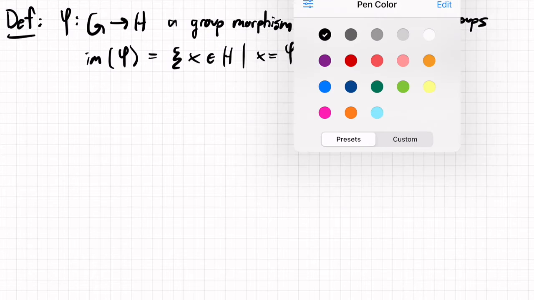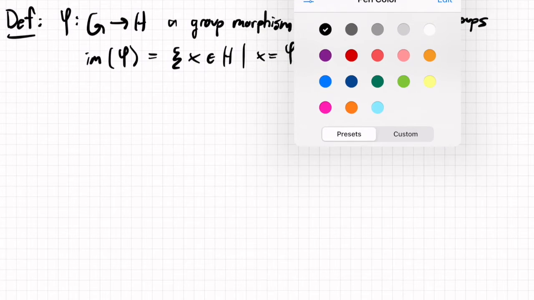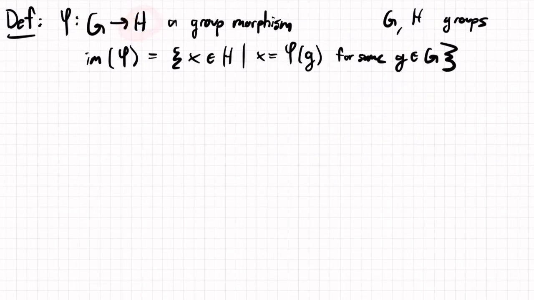It's all of the things in H that can possibly be hit by something being mapped via phi. So if I start with everything in G and I apply phi, everything that it hits, that's the image.